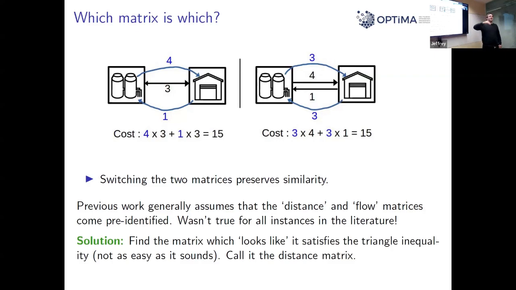Now, given that we can just add or subtract arbitrary constants from all our distances, identifying the matrix which looks like it satisfies the triangle inequality isn't as easy as it sounds. But we found a method which, if you tune the parameters correctly, for all of the instances in QAPlib where the authors said, yes, one of these is the distance matrix, our method correctly identifies that matrix. So it's about as good as we can do.